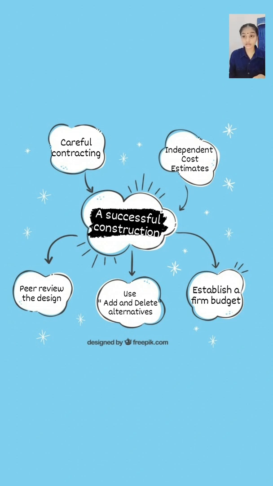So the second one is independent cost estimates. Another way to ensure a successful project is to limit budget overruns by obtaining independent cost estimates as the design progresses. This involves checking and double-checking the cost estimate for the work with contractors and suppliers who actually perform the type of work or supply the type of product, being specific as opposed to leaving this task to the design team.